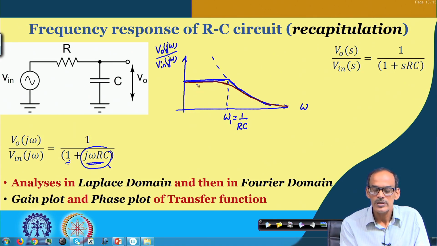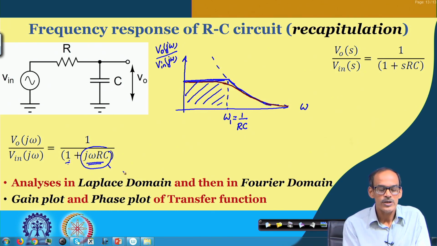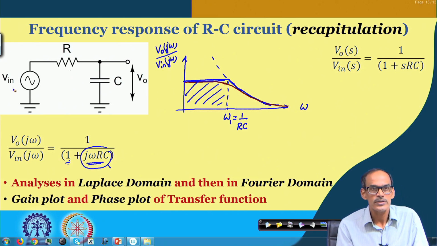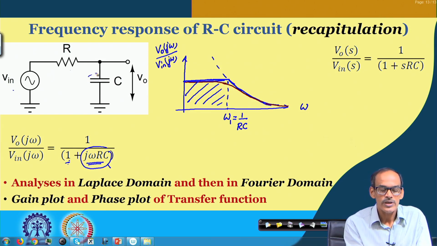Before this frequency the circuit passes the signal to the output, which is very obvious from the intuition of this RC circuit, because if the signal frequency is low enough, then the capacitor may not be shorting the output signal. As a result, at the output we can get almost the input signal.